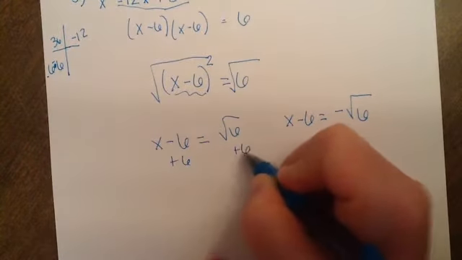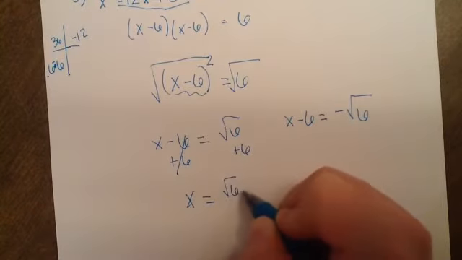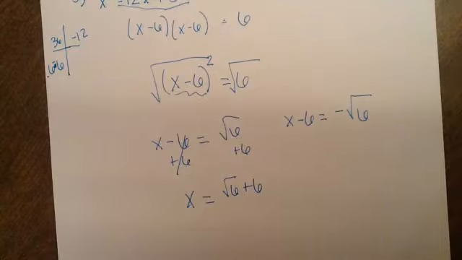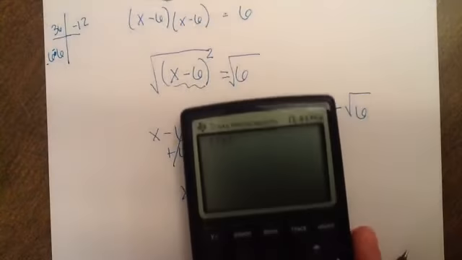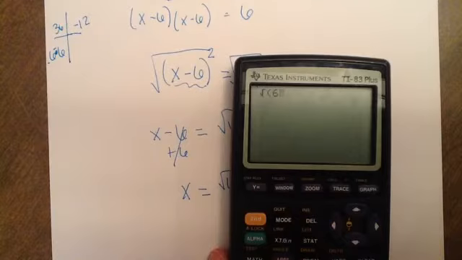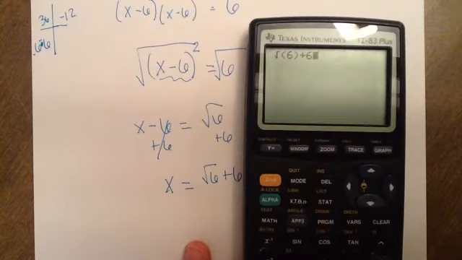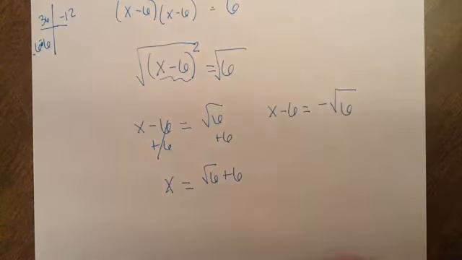Add 6. X equals square root of 6 plus 6. You can go ahead and enter that in your calculator. Again, when you enter the square root of 6, make sure you close the parenthesis before you hit plus 6. Click enter. 8.4.